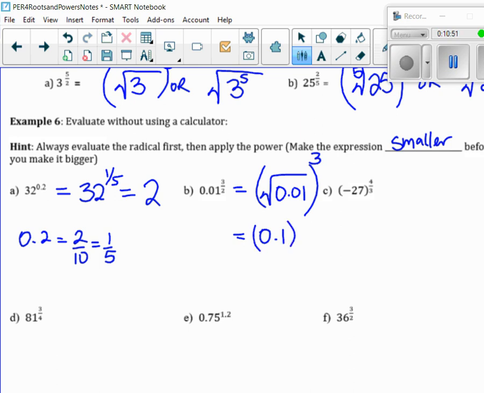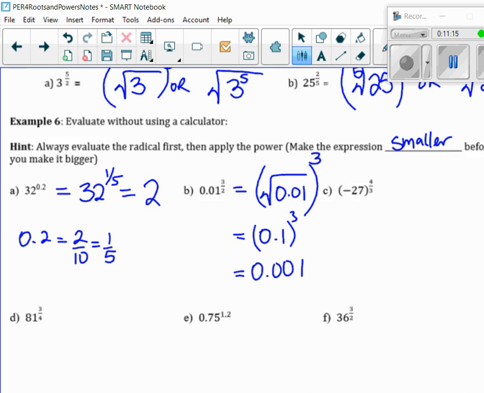And then what's 0.1 to the power 3? Point what? 0.001? 1, 2, 3. Right? Yeah.